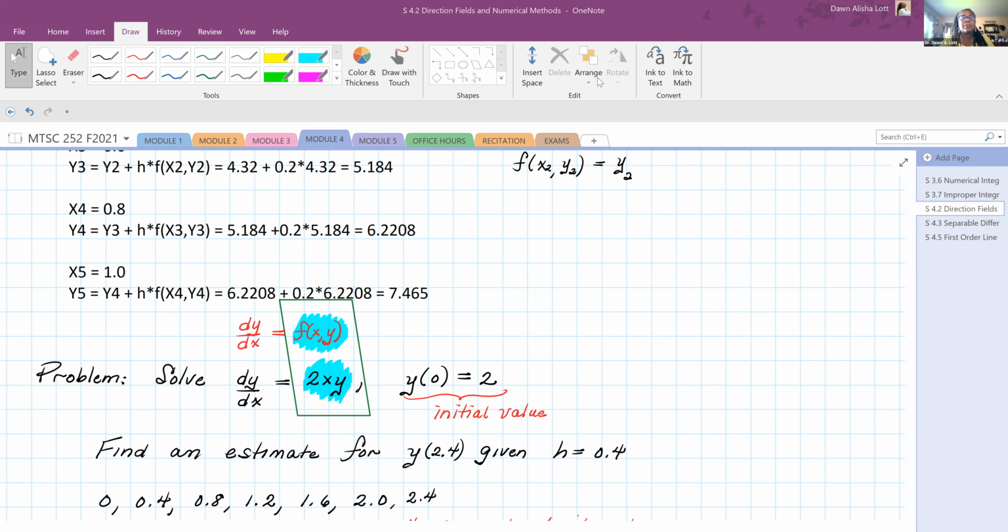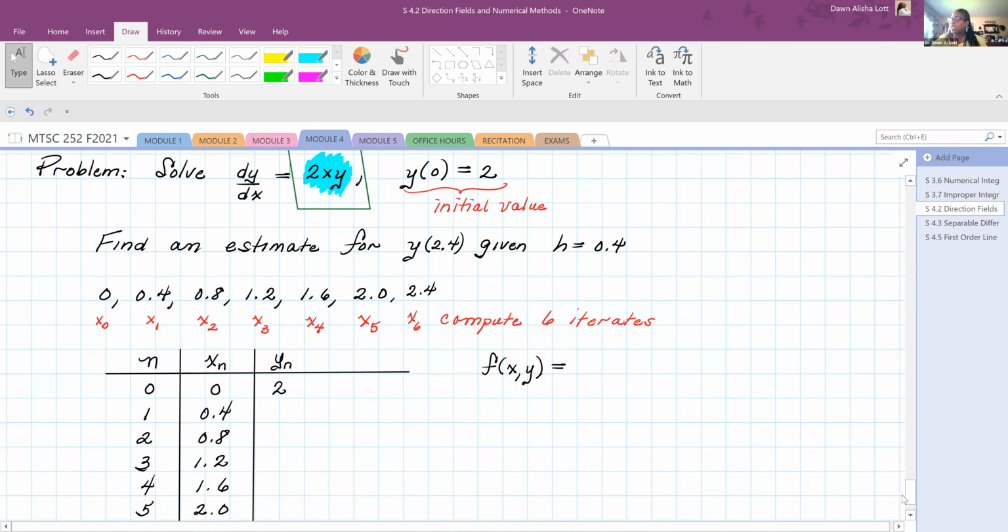Thank you, Duanye, you are so very correct. Because when I need to use it in my formula, if I don't know what f of x, y is, I can't do my formula. The other thing I know I need is h is 0.4. Okay, so let's get going.